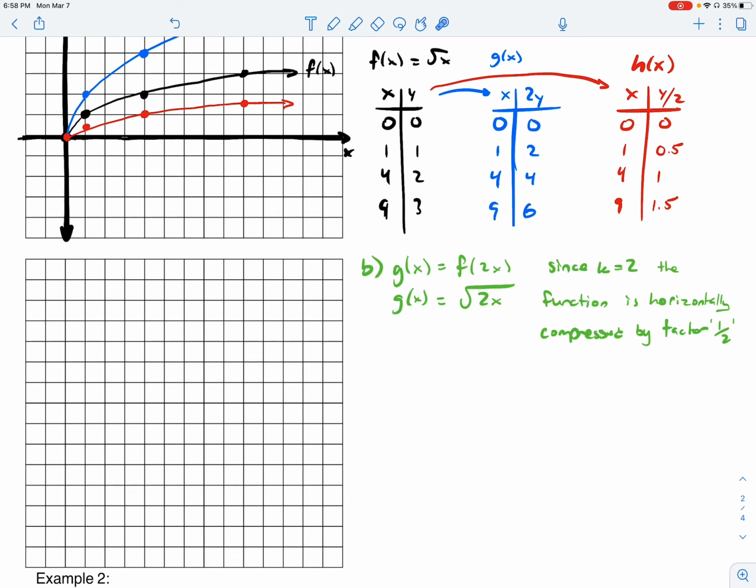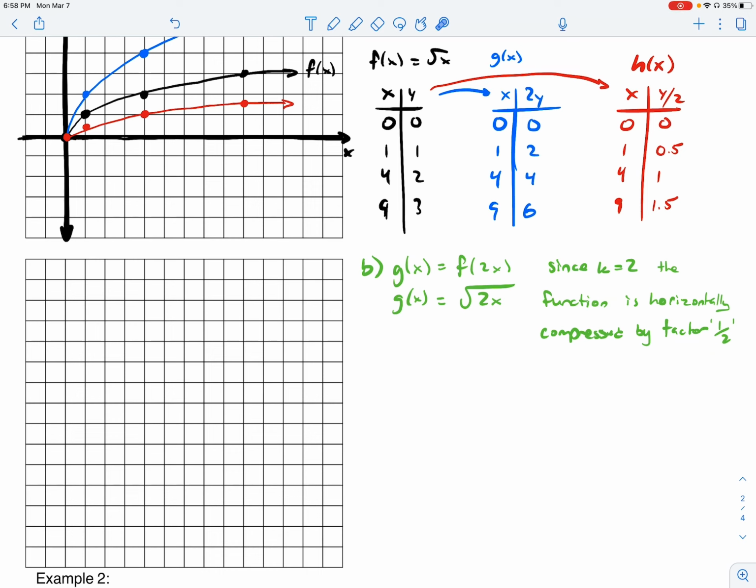As far as our transformations go, since k equals a half this time, the function is horizontally stretched by a factor. The factor is always 1 over k.